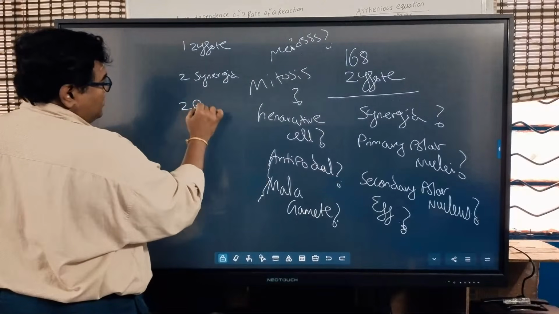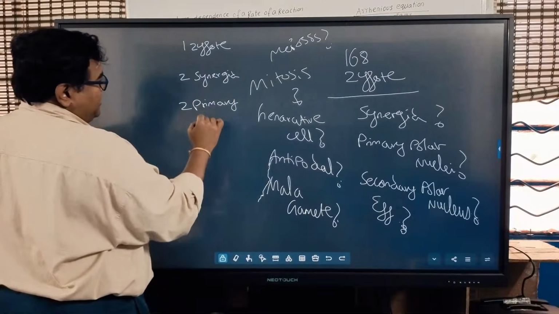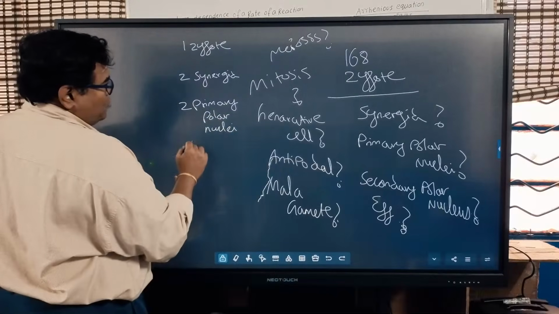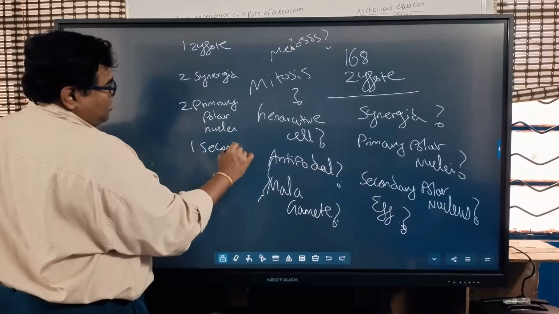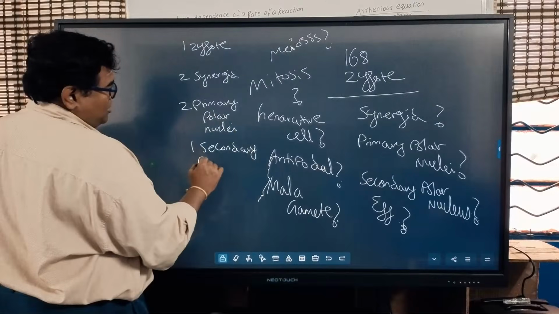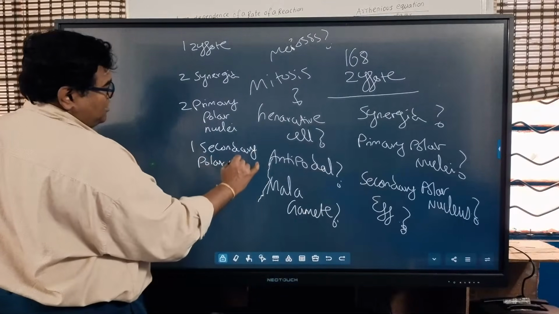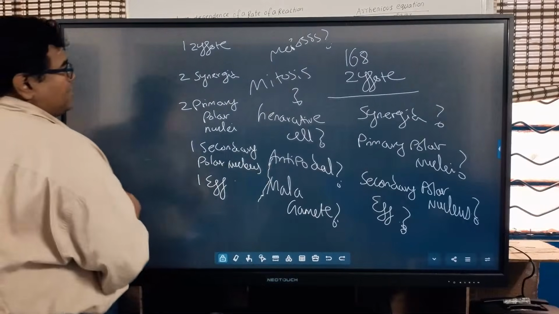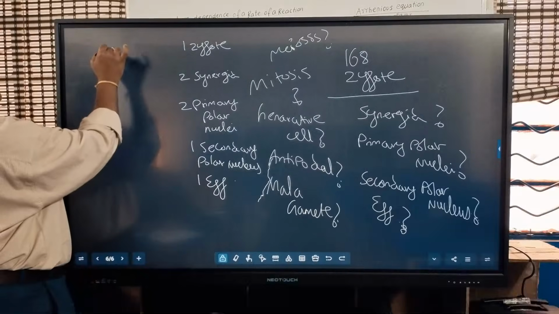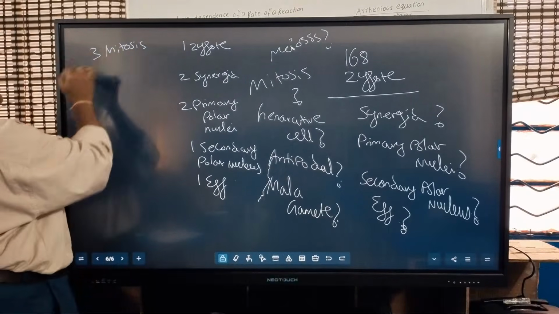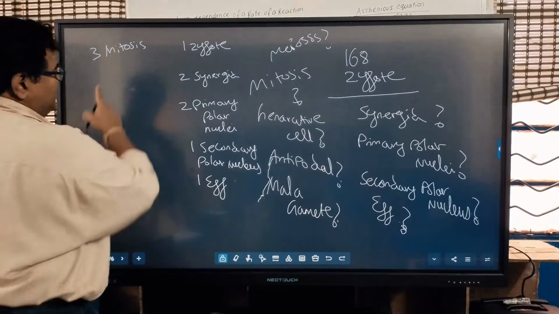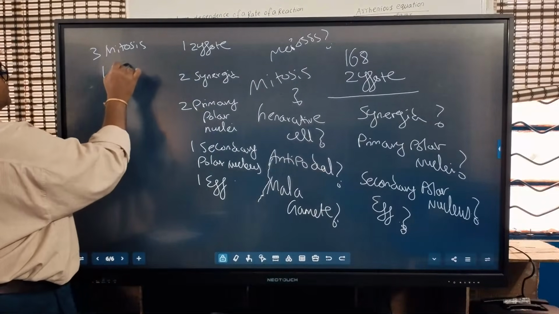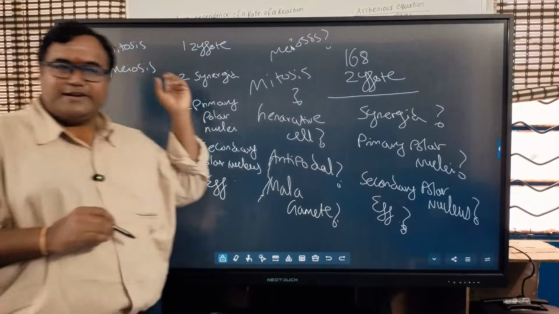So, two primary polar nuclei, then one secondary polar nucleus, one egg, and then you need to understand mitosis. How many do I require? 3 mitosis for making one zygote. 3 mitosis are required for making these many cells, and I require one meiosis process.